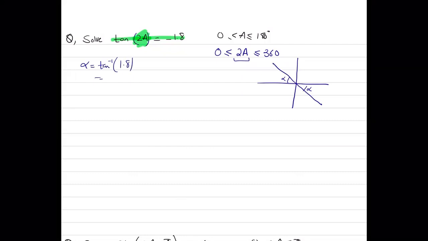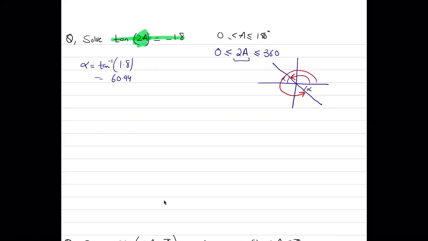It's 60.94. So 60.94 is the basic angle, and the required answers are going to be in the second and fourth quadrants.